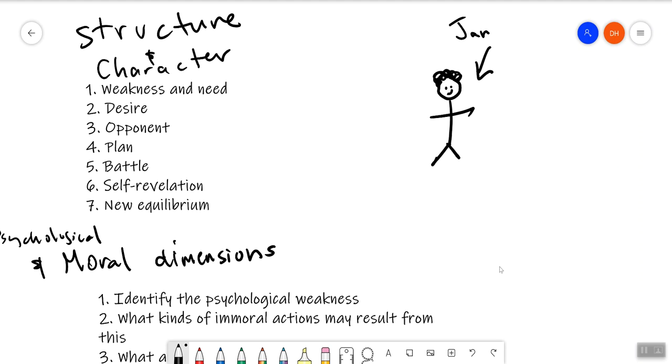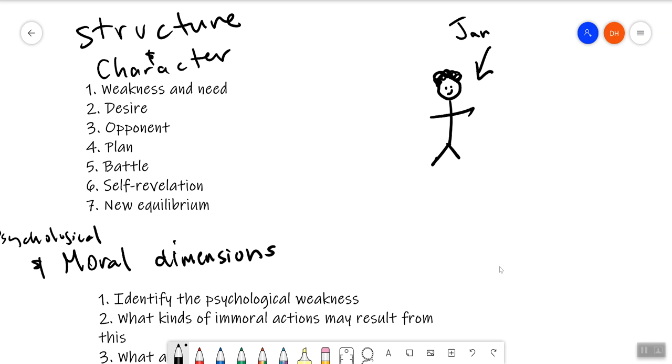It can be jealousy. These all can be opponents, so long as the character isn't fully aware that they are a central issue at first. Okay? So the weakness, the need, can be a type of opponent, because the character is kind of wrestling with that.